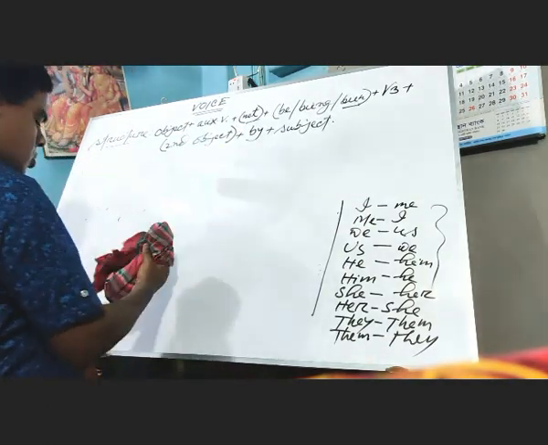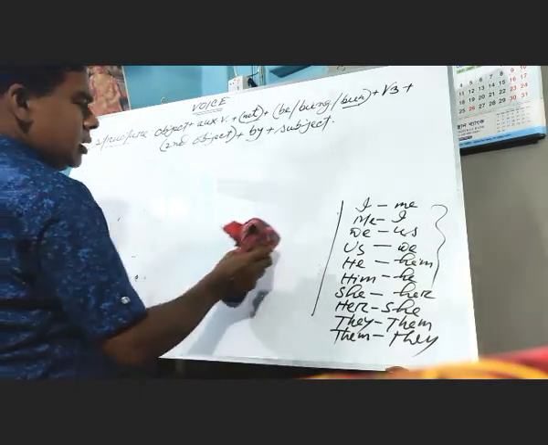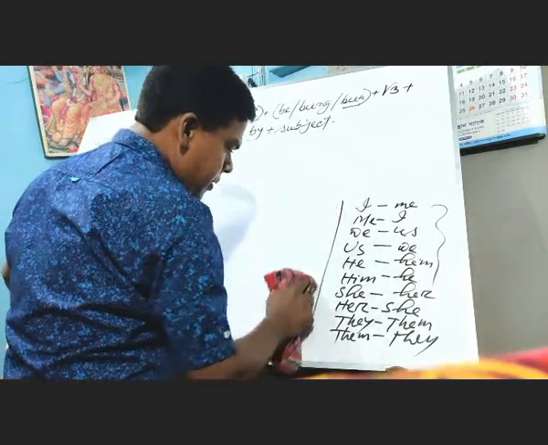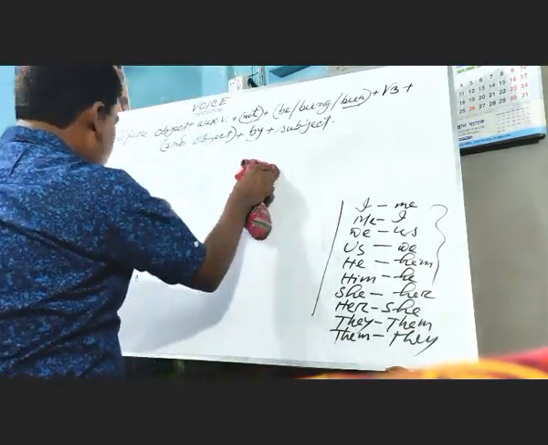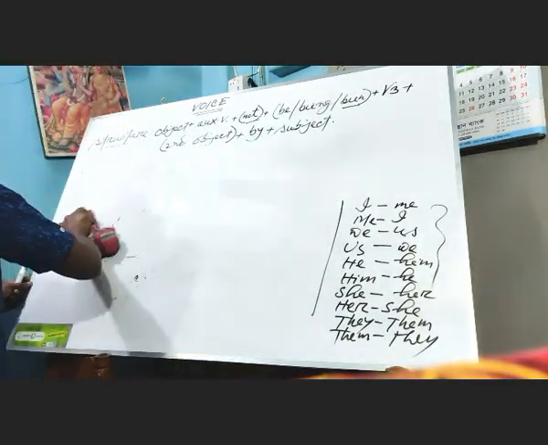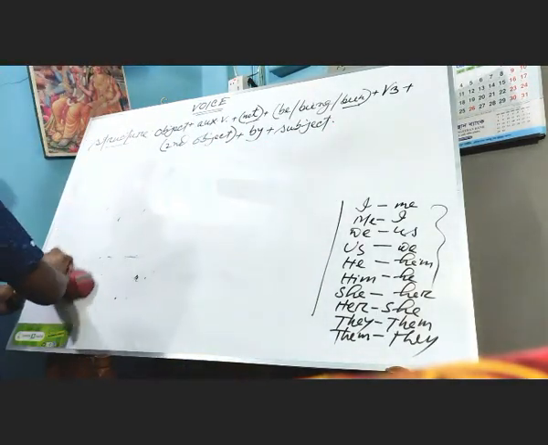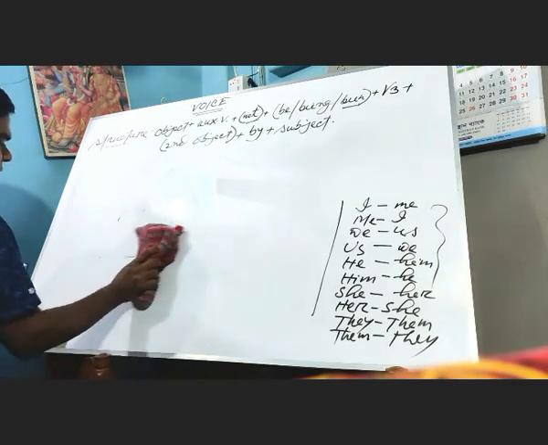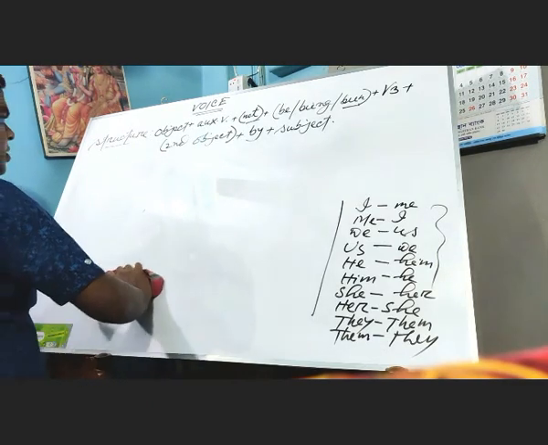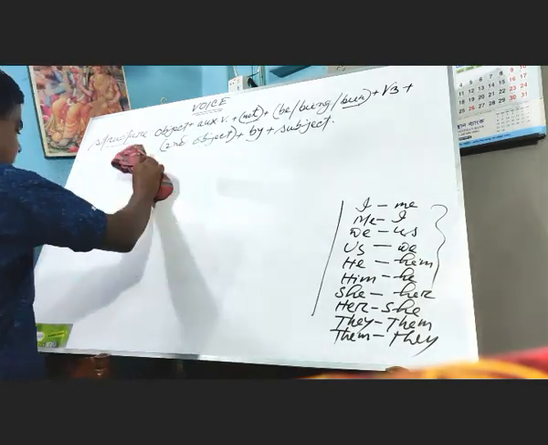Okay, boys? So if you want to change voice, especially from passive to active, you must have the good knowledge of changing voice from active to passive. The students who are able, especially to change active to passive, all kinds of voice changings are very much easier for them.